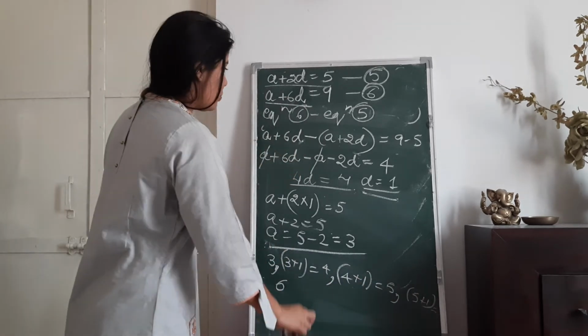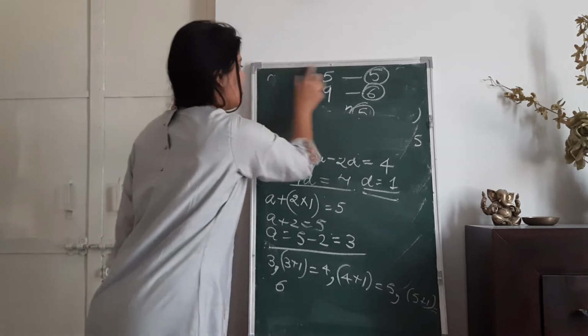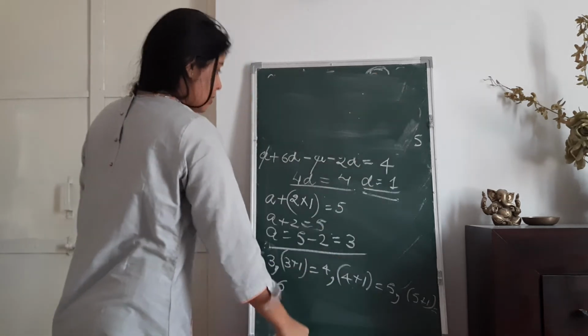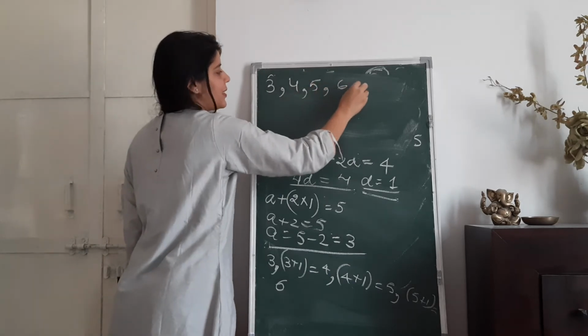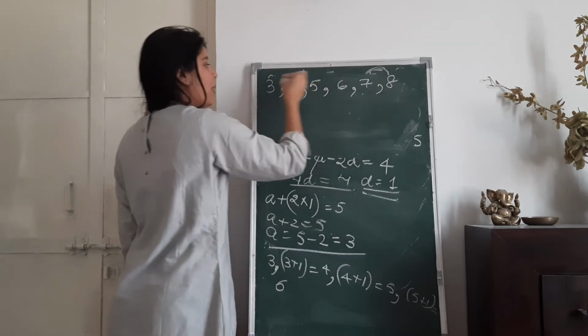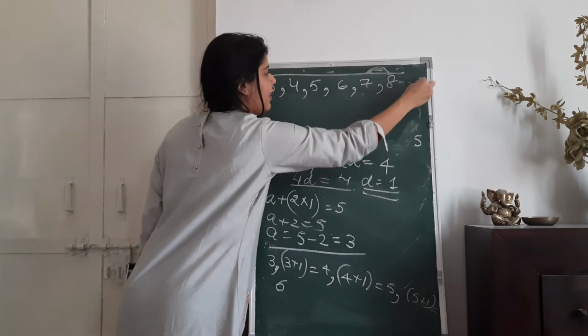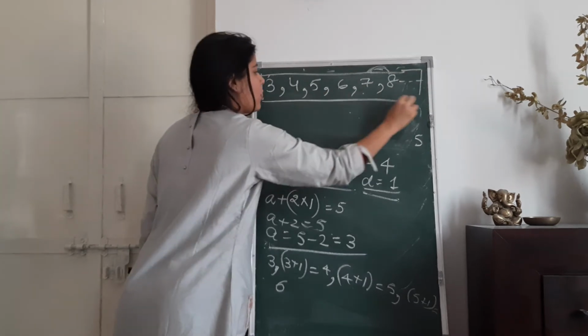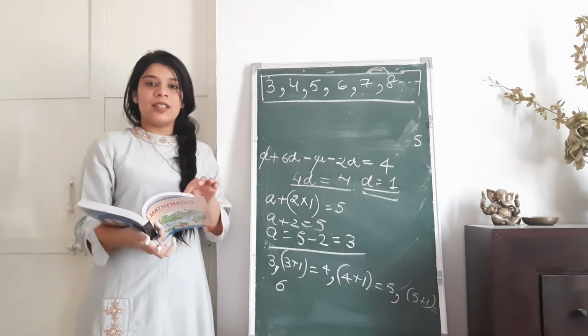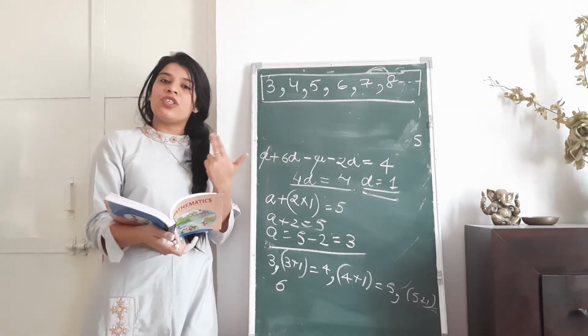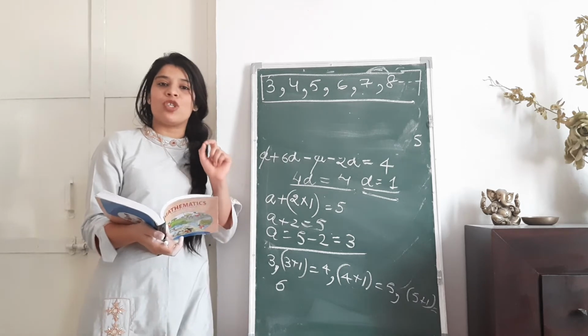So the arithmetic progression is 3, 4, 5, 6, 7, 8, and so on. Okay, so that's how we have found the arithmetic progression when two terms of an AP are given to us.